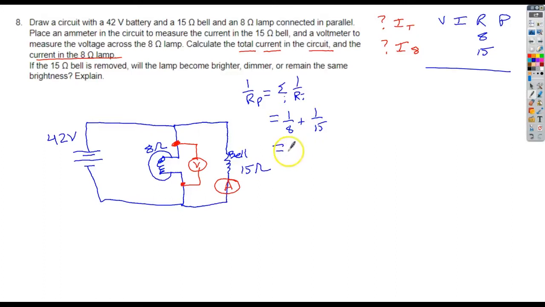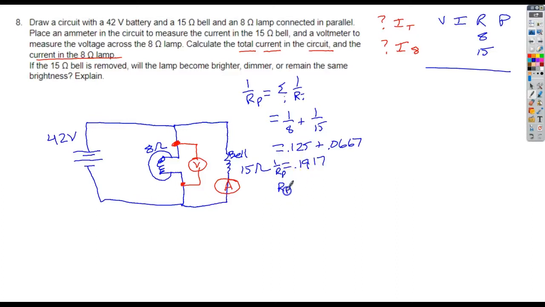If I do 1 over 8, that is 0.125 plus 1 divided by 15, which gives me 0.0667. Let's add the two together. So 0.125 plus 0.0667 gives me 0.1917.